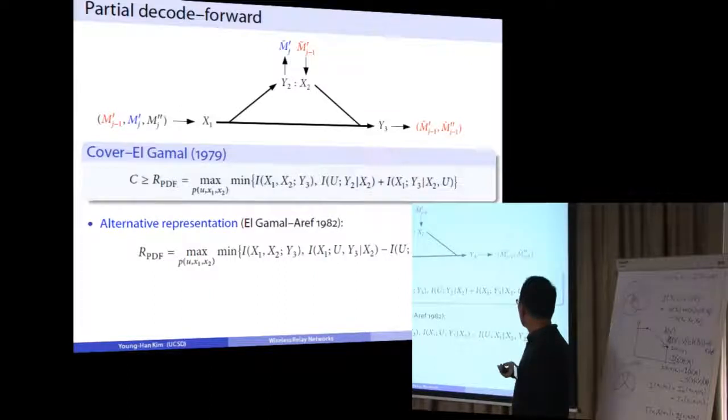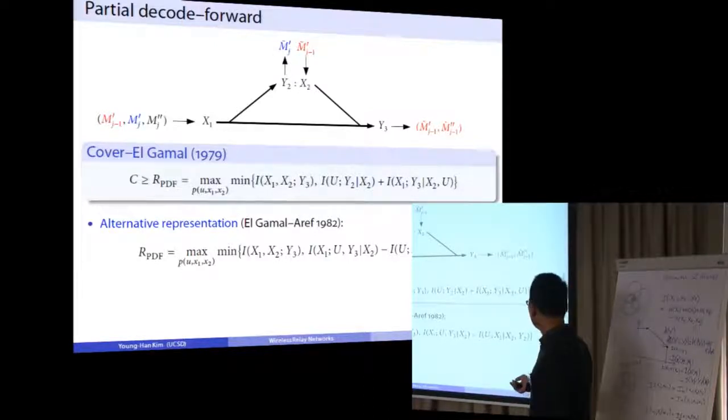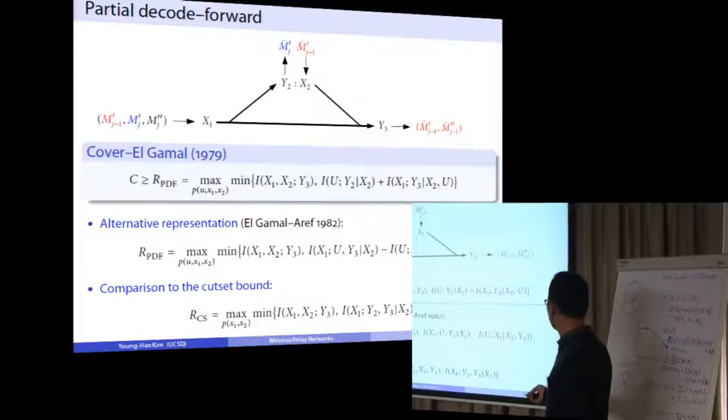And here is another way of writing the same rate expression. This expression is hinted at in the paper by El Gamal and Cover, right? If I write it this way, it's much easier to compare with the cut-set bound.